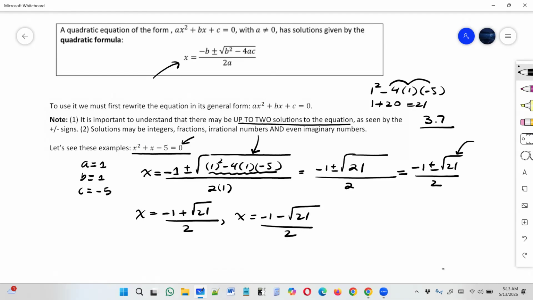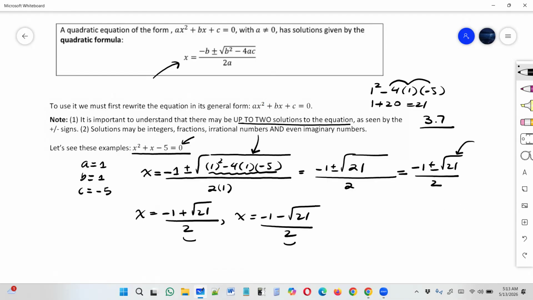And this is as far as we can go. These are the two solutions. And obviously, you can see that these values would not be possible to get by factoring, right? We would never come up with -1 plus radical 21 over 2. So this is how you use the quadratic formula in solving these non-factorable quadratic equations.